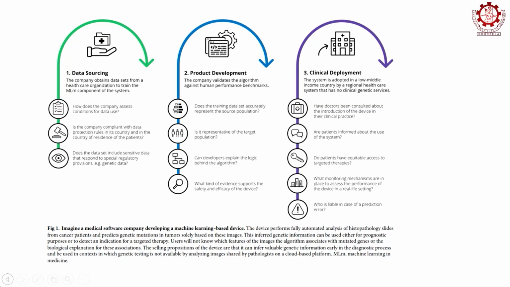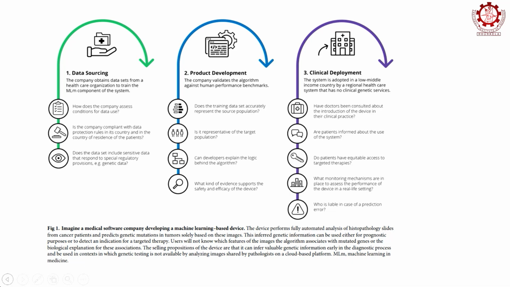So once the data has been sourced, and we have been hearing about how data needs to be pre-processed, annotated, and so on, the next stage is product development. And this is where the product, the algorithm, is developed, validated, and solidified, right? By that, I mean we need to get that confidence that the model really works, and it's not just the model.